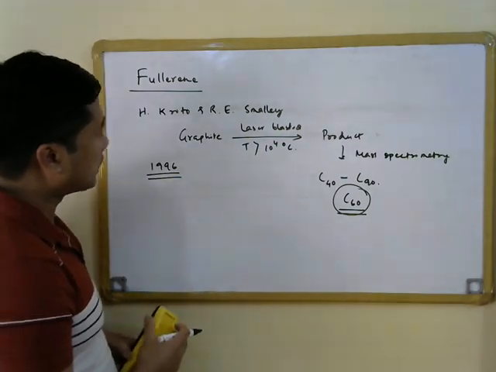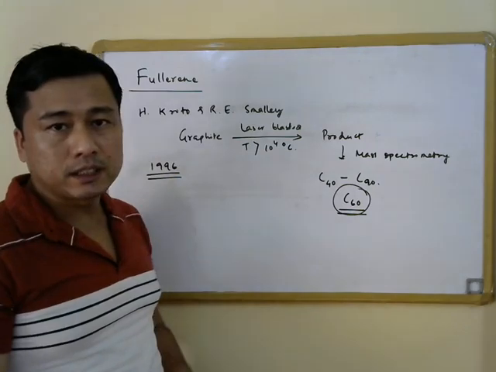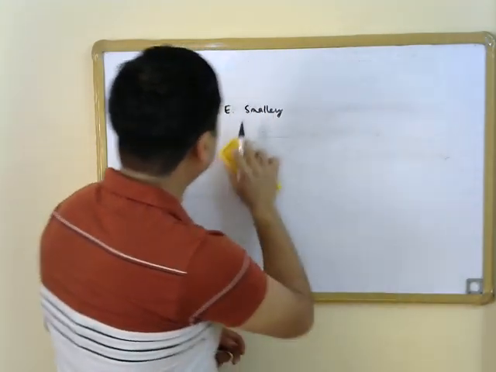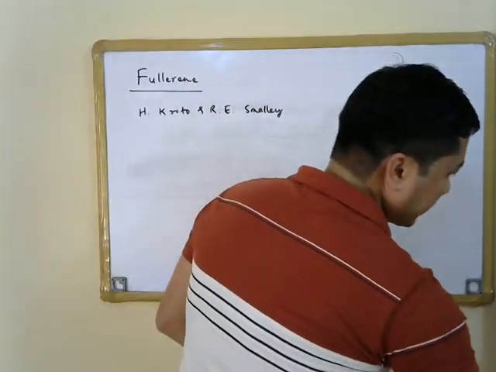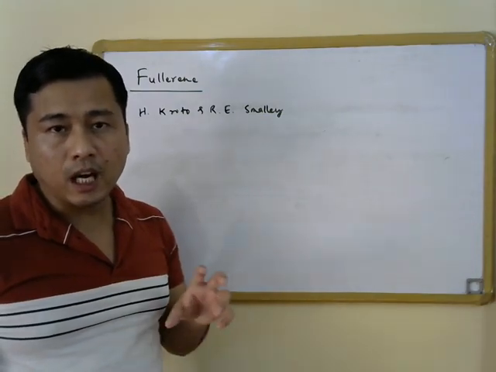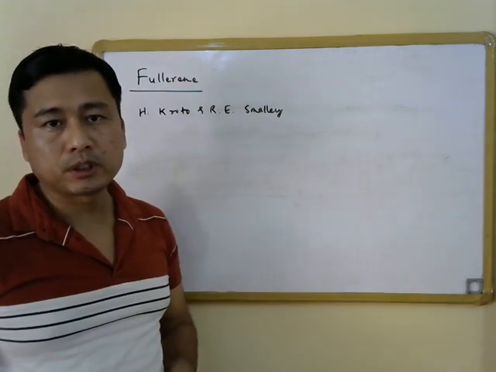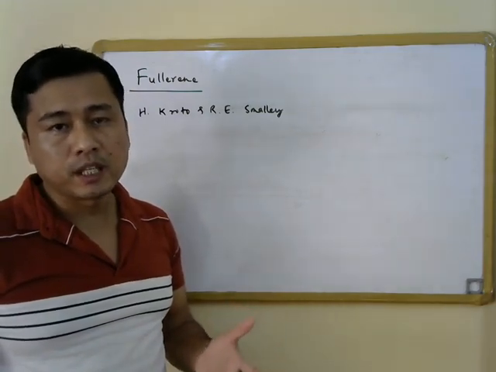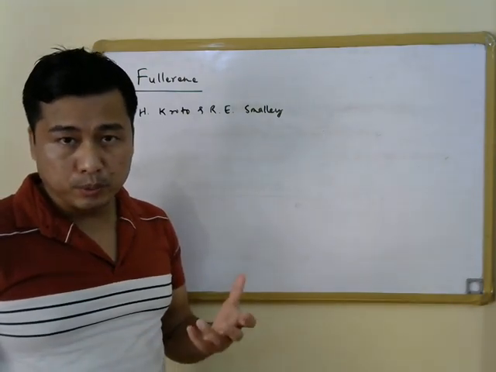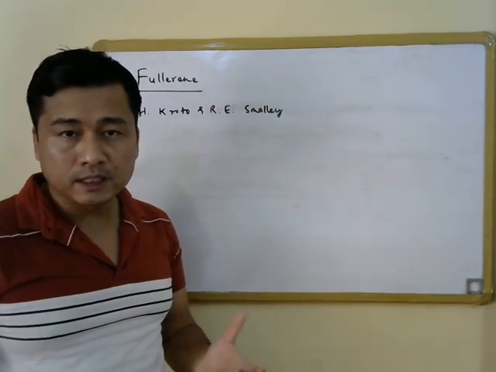Instead of laser blasting graphite at 10,000 degrees Celsius, one can take graphite electrodes and shoot an electric arc on the graphite electrodes at temperatures of 3,500 degrees Celsius, and then one can make a mixture of fullerenes, where again the concentration of C60 is going to be highest.